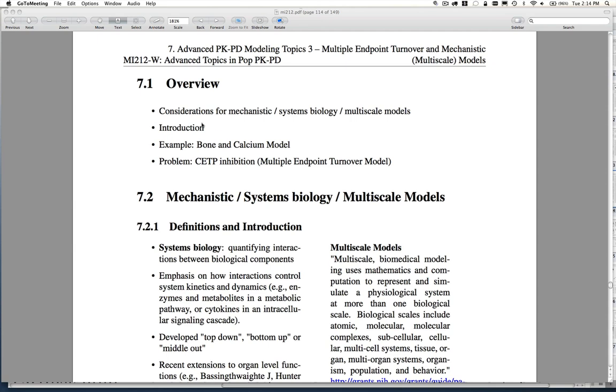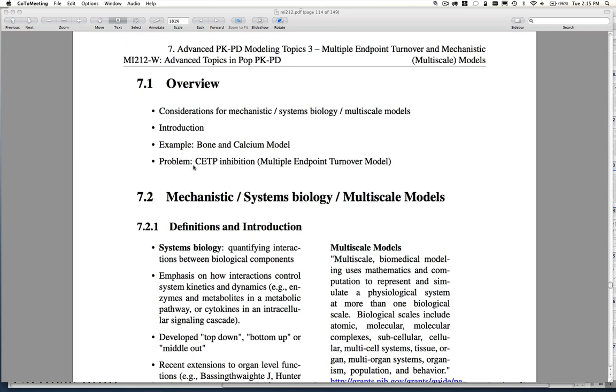Give an introduction to why we may want to pursue these types of models, and go through an example of a fairly substantially sized multiscale model that we've recently published. Not so much from the code perspective, but from the perspective of why you may want to embark on developing a model of this size and scale.